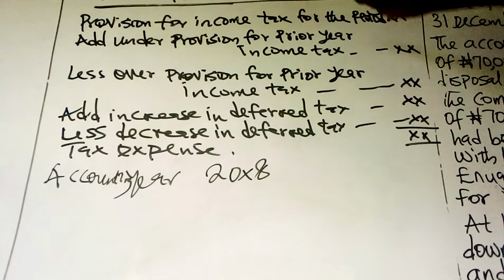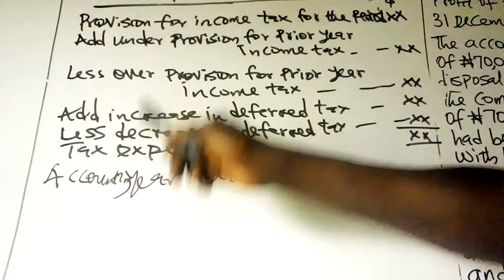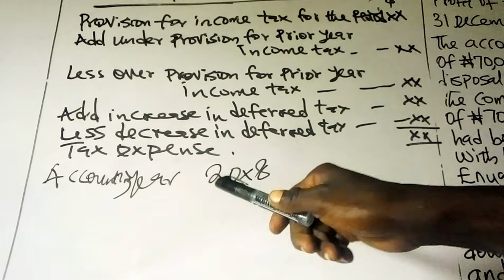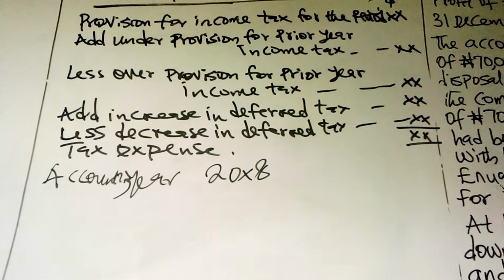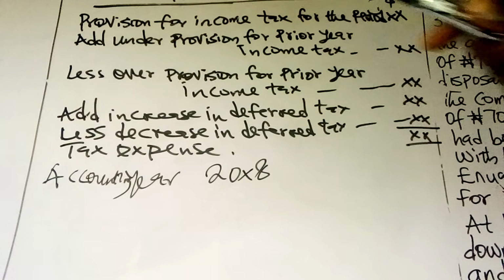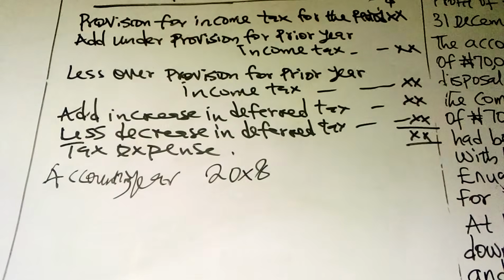I've told you that provision is based on estimates. Where the provision you have made for the period is greater than the actual tax the tax authority agreed upon, then your provision exceeds the amount agreed upon. That is over provision, which should be deducted.